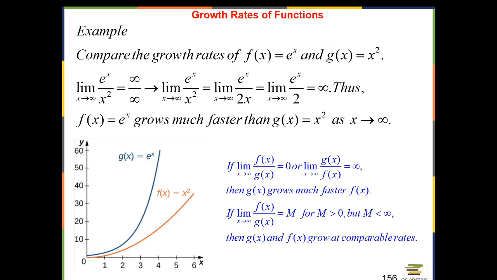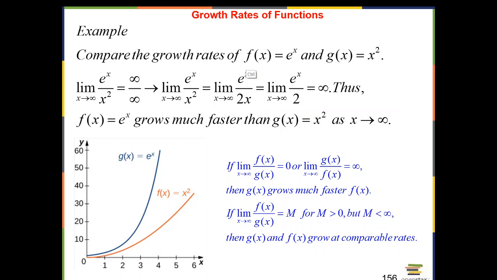So let's look at some examples. Here's an obvious example: which one grows faster, e to x or x squared? Let's take the limit. We don't know it yet, so we apply L'Hopital's rule. The derivative of e to x is e to x, and the derivative of x squared is 2x.